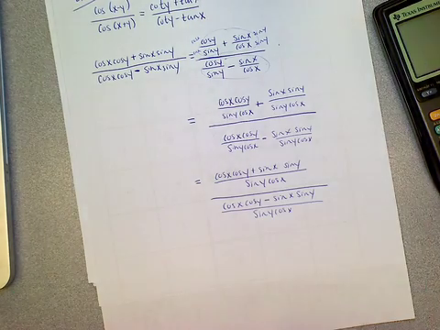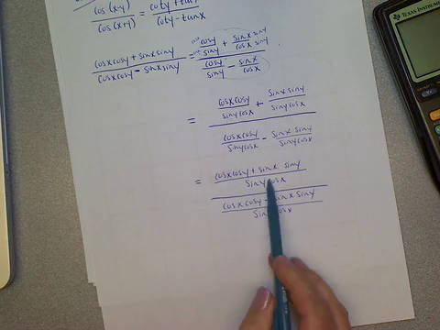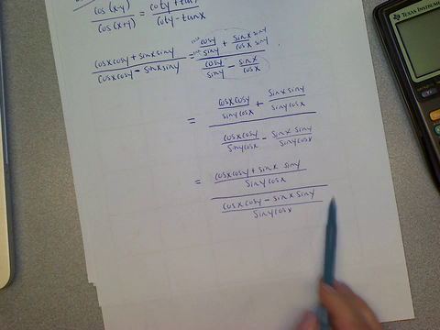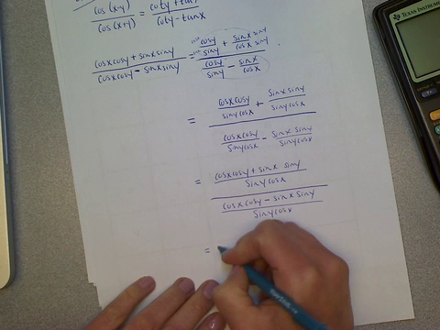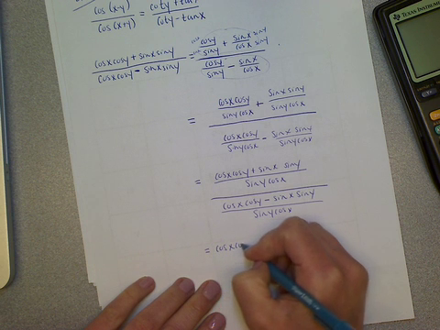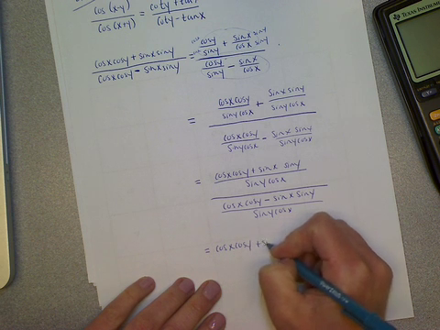Now, once you have one fraction divided by one fraction, you can use the idea that it means multiplying by the reciprocal.